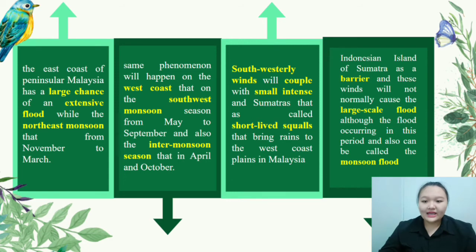Southwesterly winds will couple with a slow, intense, short-lived squall called Sumatra that will bring rain to the west coast plains in Malaysia, which are Pulau Pinang, Kedah, and Perlis. The Indonesian island of Sumatra is a barrier, and this wind will not normally cause large-scale flow, although the flow occurring in this period is also called monsoon flow.